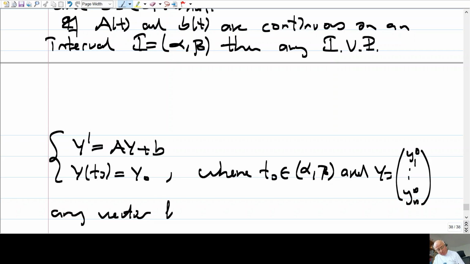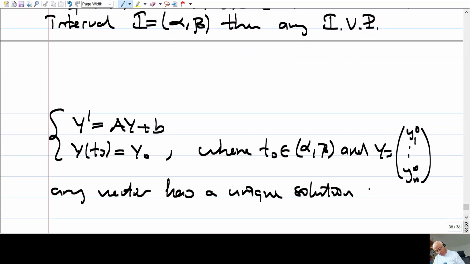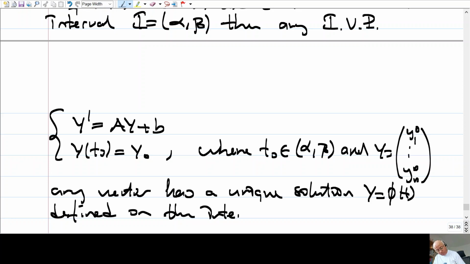This system initial value problem has a unique solution y equals, let's say, phi(t), defined on the interval alpha beta.